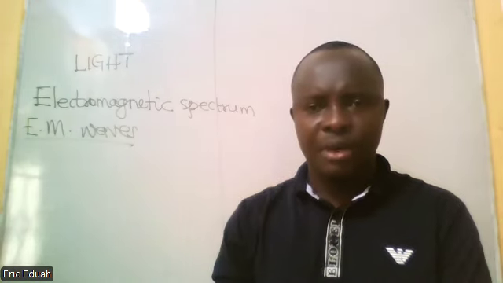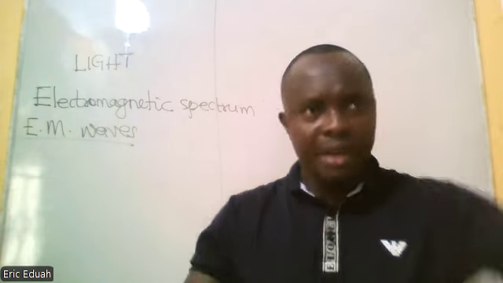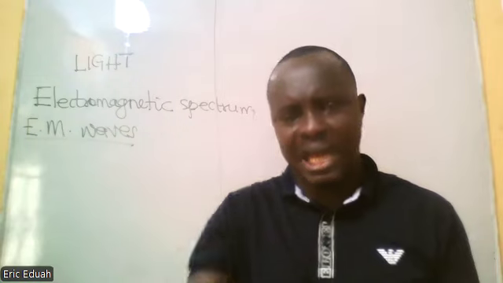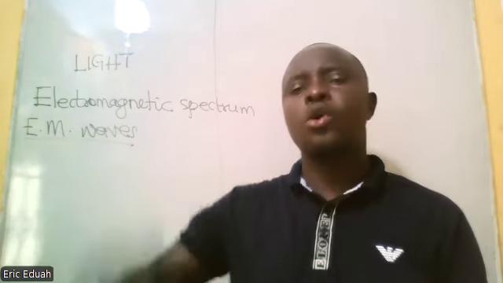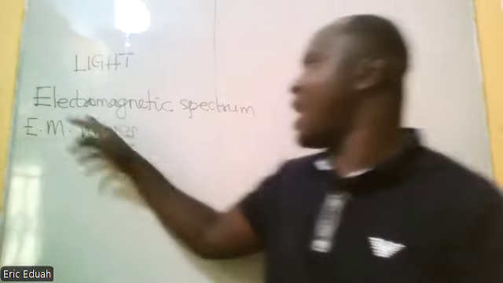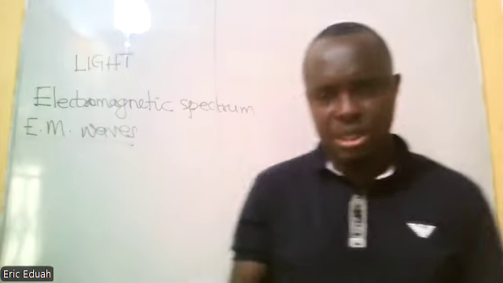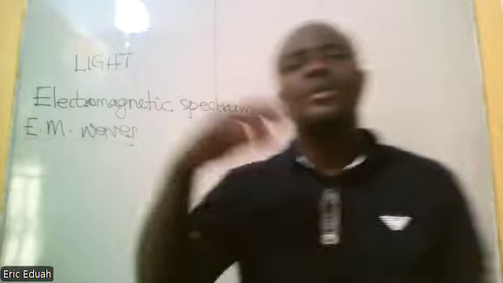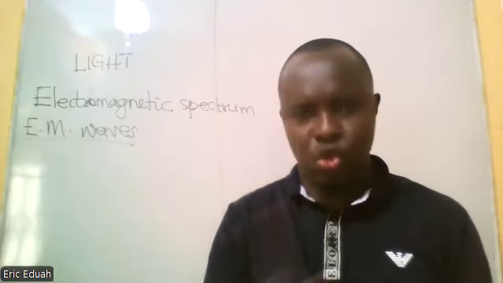Another example of mechanical wave is ocean wave. The waves you see on the surface of the ocean, there must be water. If there's no water, there cannot be ocean wave. So all waves that require a medium before they are propagated from one point to another are mechanical waves. There are some other waves that do not require a medium.